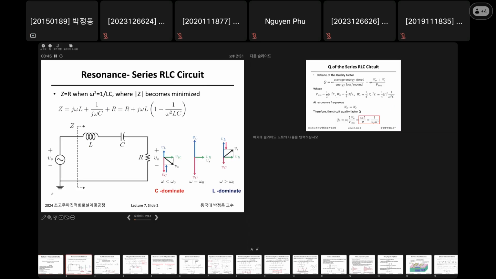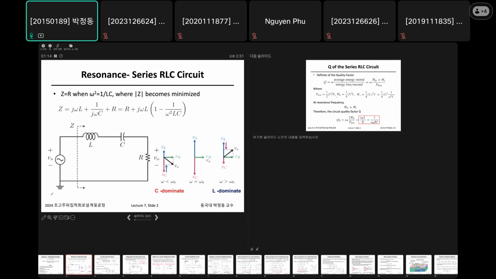So this is the basic structure of the series RLC network. As you understand, if L and C exist together with R, this system is a second order system in terms of the S domain.